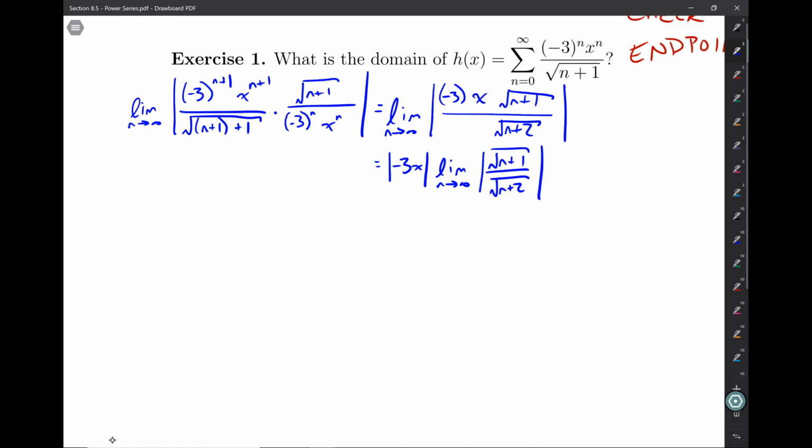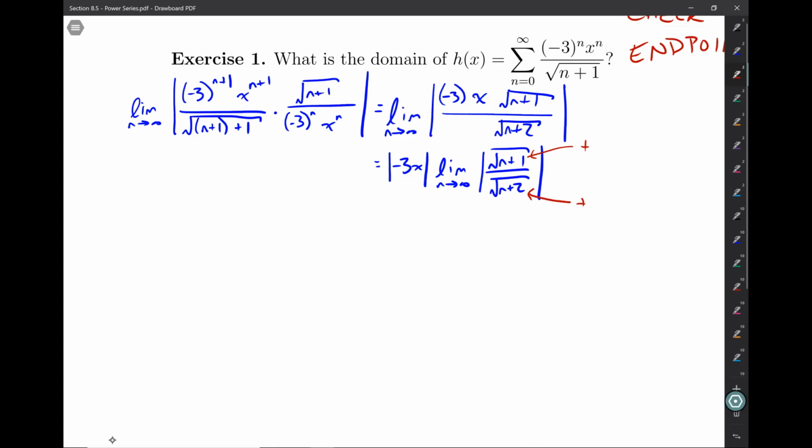Now, this is probably something I should have commented on a little bit earlier, but remember n is going to be a positive value, and so we have n, which is positive, and we're going to add 1 to that, so it's going to be positive. Then we're going to take the square root of that, so our numerator, right inside of these absolute values, is going to be positive. When we take n, which is positive, and add 2 to it, it's going to be positive, and when we take the square root of that, the denominator is positive.